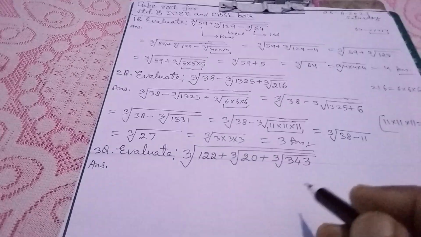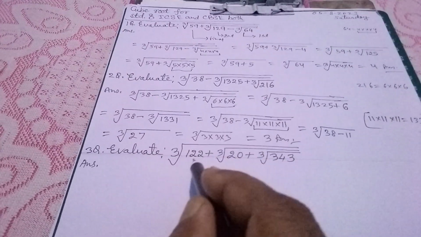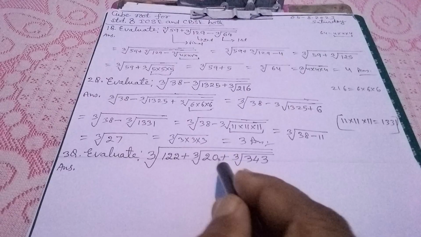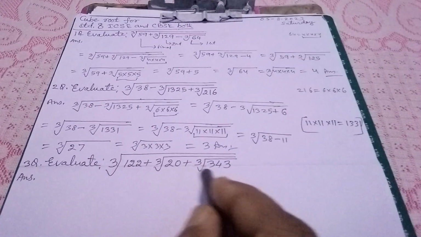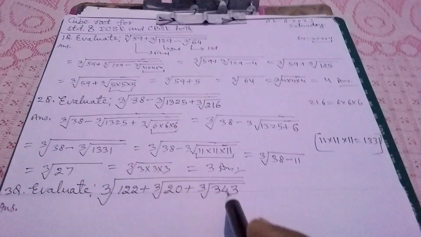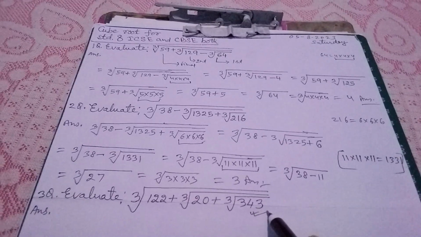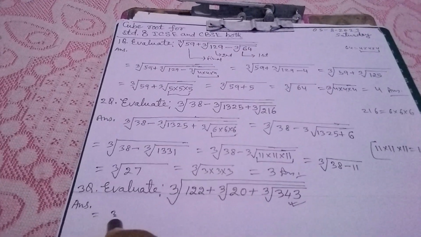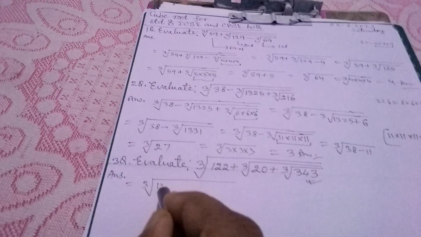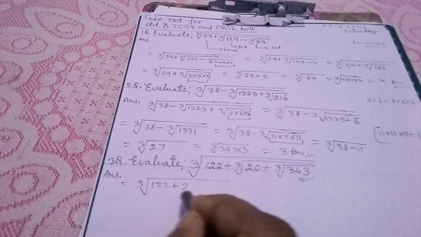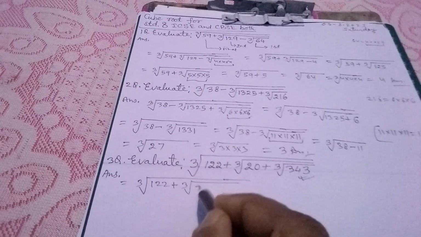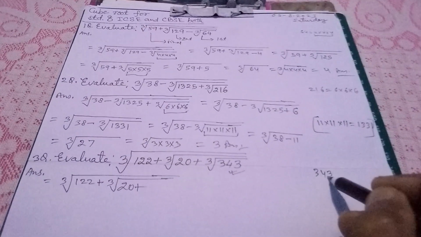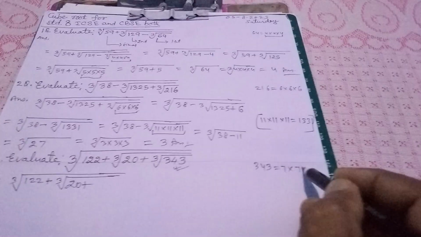Now question number 3. Evaluate cube root of 122 plus cube root of 20 plus cube root of 343. So first this work we will do. And so we will write cube root of 122 plus cube root of 20 plus, and 343 is written as 7 into 7 into 7.